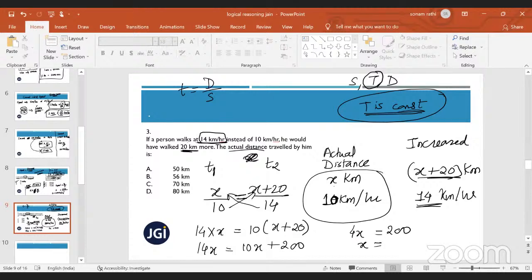X is equal to 50 kilometers. Correct? So what is the correct answer? Option A, 50 kilometers. Everyone got it?